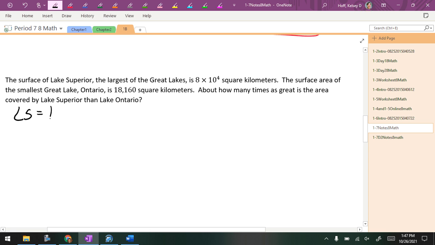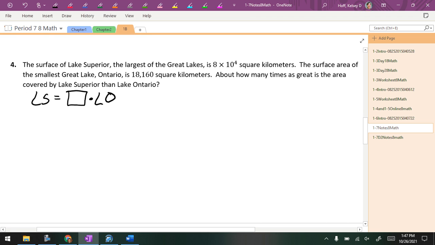Lake Superior is what number times Lake Ontario? So if I'm trying to solve for what this number is, what do I do? Divide by Lake Ontario on both sides. So I need to take Lake Superior and divide it by Lake Ontario.